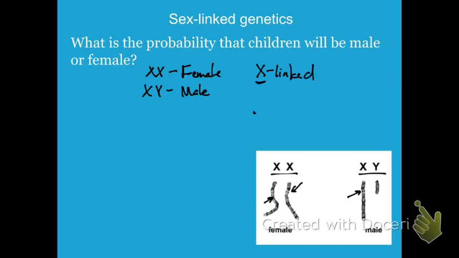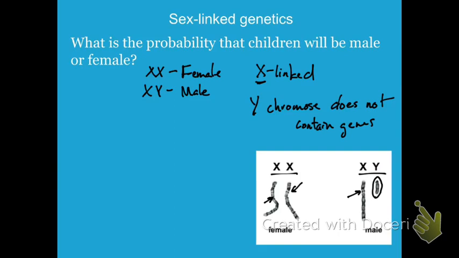But the Y chromosome does not contain as many genes. It contains genes, but not the same number of genes as the X chromosome. Notice how small the Y chromosome is compared to the X chromosome.